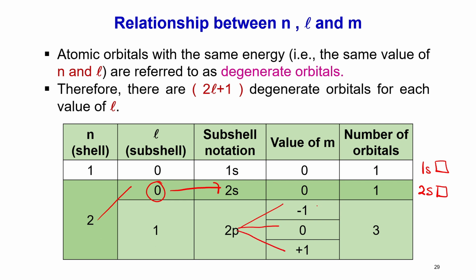So we have negative 1, 0 and positive 1 for m. For 3p also, we will have 3 orbitals, which are Px, Py, Pz, with magnetic values negative 1, 0, positive 1.